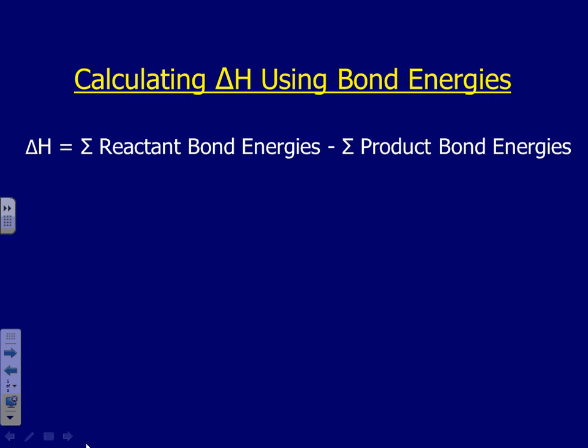So how do we then calculate the delta H for a particular reaction? Now, in the past, when I've taught this, students used to know very well what that symbol was in front of the reactant bond energies, and that's because it used to be part of the math curriculum.